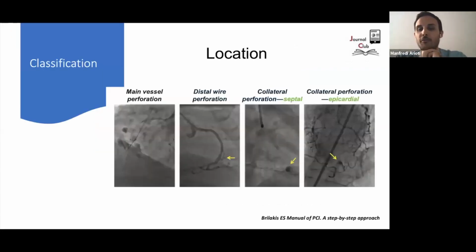And just to frame further discussion, we have to classify perforations. One classification is based on location: either main vessel perforation or distal wire perforation, which are common to everyday PCI, or else collateral perforation, be it septal or epicardial, which is specific for CTO PCI and especially retrograde CTO PCI.